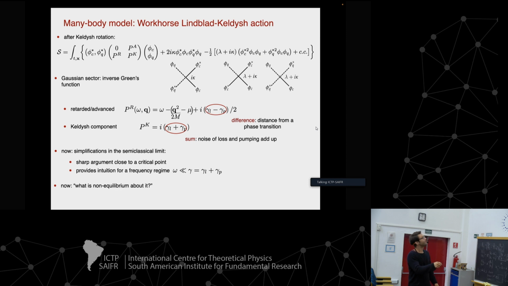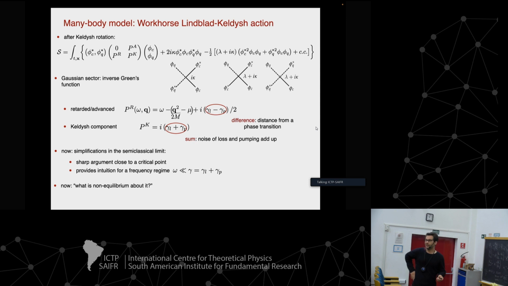Then you perform the Keldysh rotation, and then you end up with this completely intransparent, I would agree, object here. So we try now to make sense of this and to approximate this a little further to really get access to what this model has to tell us. Okay, so let's go through all these terms.